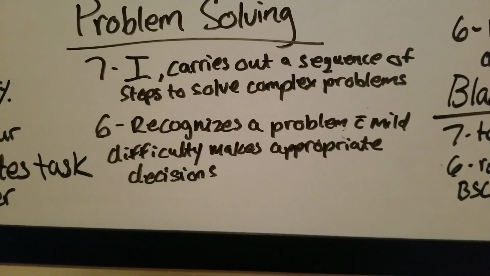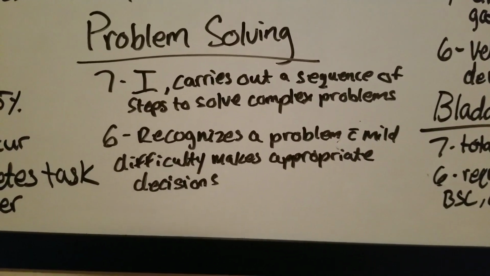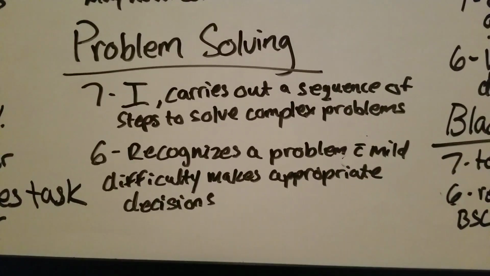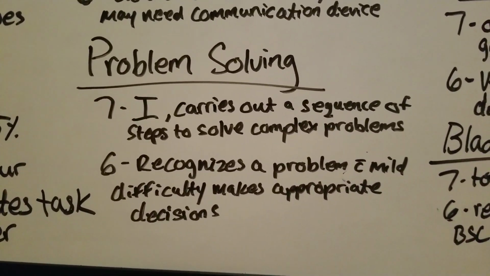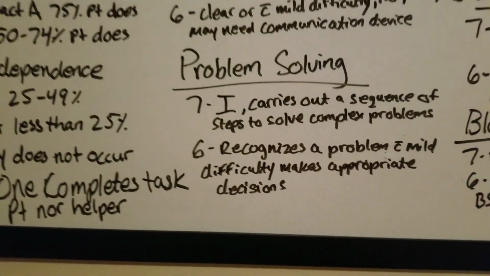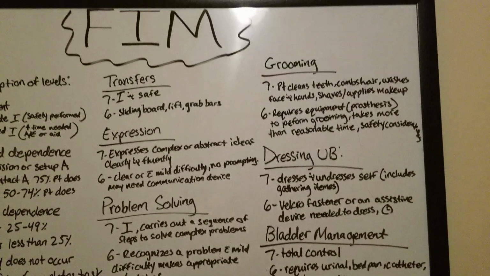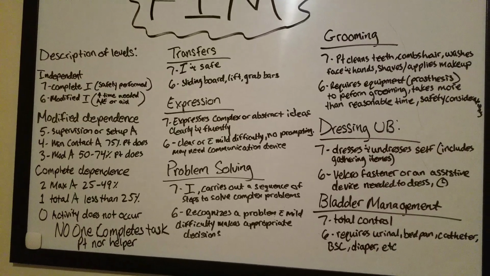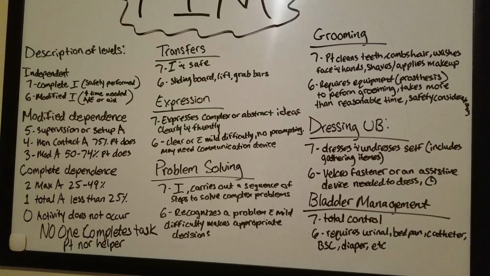They recognize there's a problem, but they're having some mild difficulty making appropriate decisions. So this individual doesn't necessarily require prompting, because that wouldn't classify as a 6, but they take additional time to be able to recognize the problem itself. Now again, 6 and 7 are given to you regarding the FIM scores for this, and 0 through 5 is the same for each one of these tasks.